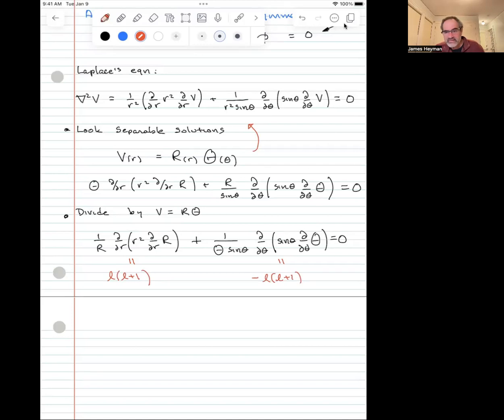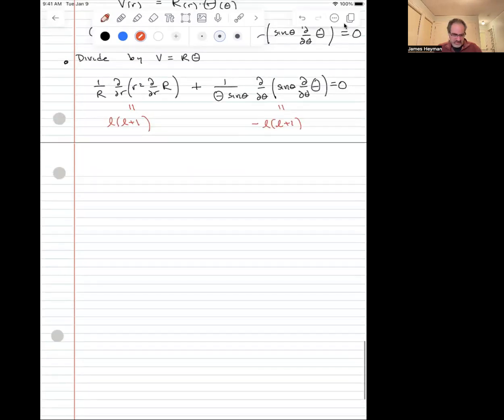Obviously, we're choosing L times L plus 1 because someone's already done this problem and found that this gives us a nice, neat-looking answer. And I say, if they've already done it, let's take advantage of their experience and use the same separation constant.